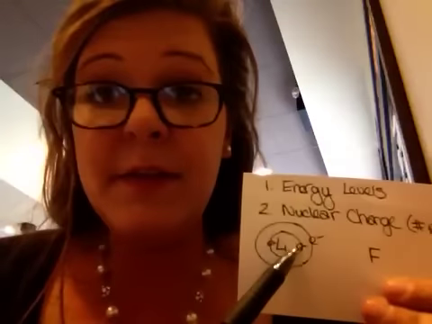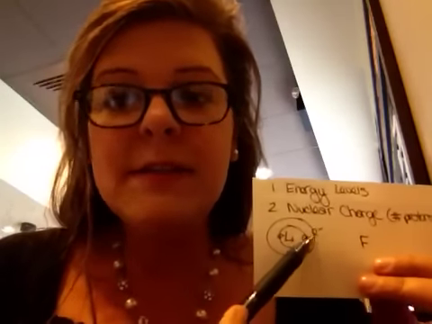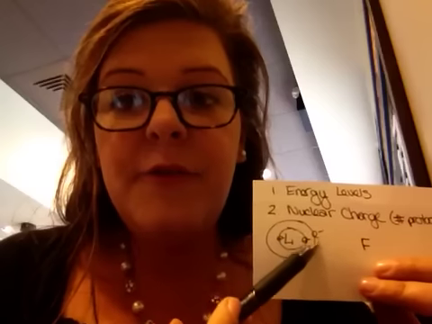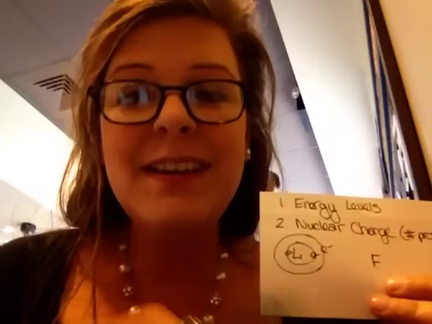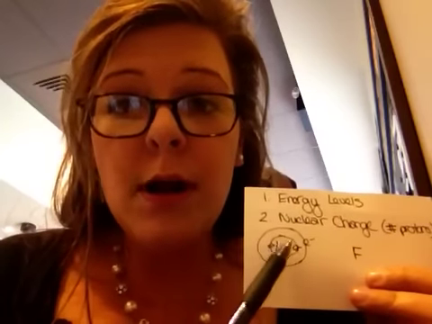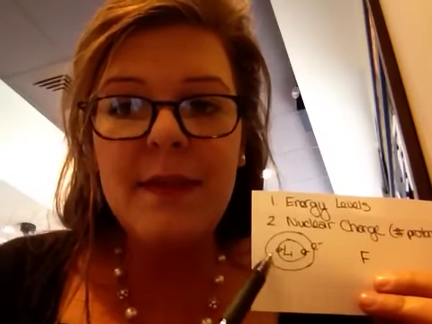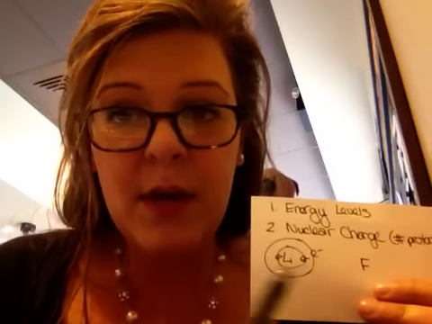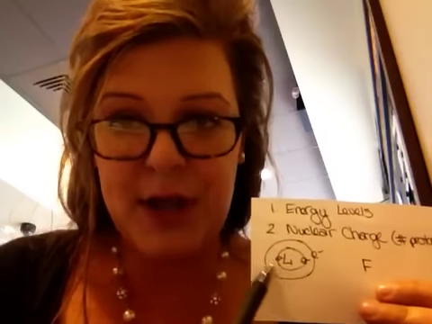That one electron on the outermost ring doesn't necessarily want to stay there, because think about Bohr's model. To fill this outer shell, it would need to gain 7. Or it could lose this 1 and then just be left with the 2 on that shell.